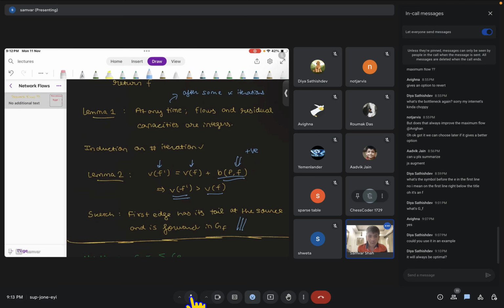This lemma is trivial to prove, but this lemma is quite nice. f dash is the value I got when I augmented. And I think there's one more lemma which you have to prove. If you prove this, then the next one becomes quite easy to prove. So they're in sequence.